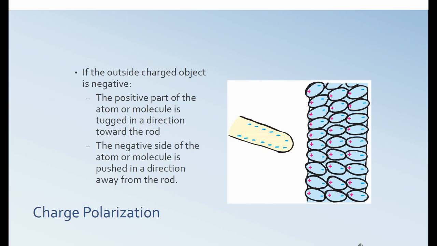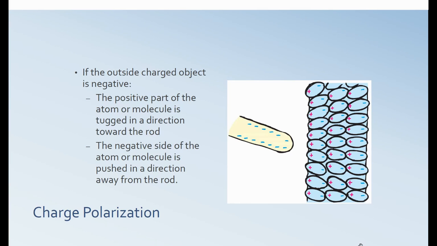So we can see this happening in this picture here. If we have a charged object that is negatively charged brought close to these atoms, the positive part of the atom or molecule is tugged towards the rod, the negatively charged rod. The negative part of the atom or molecule is pushed away from that negatively charged rod.